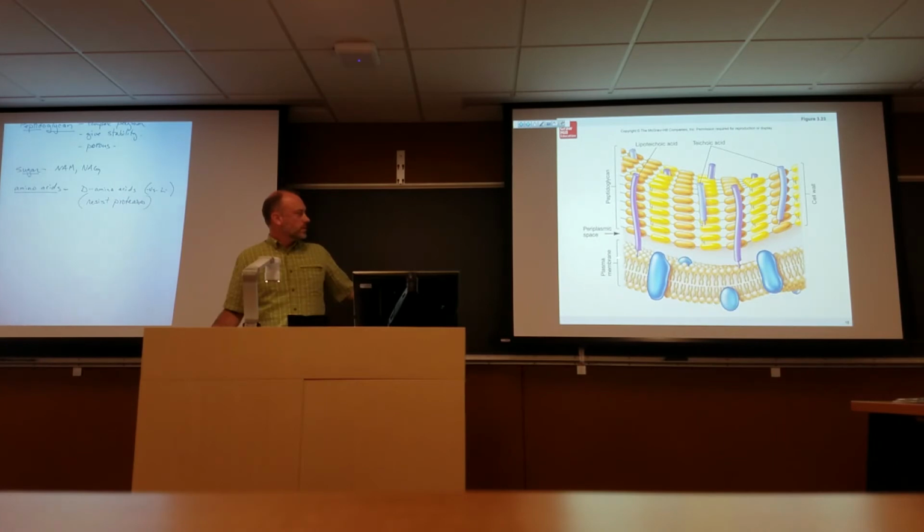And here is the association of it with the plasma membrane. So one of the components of the cell wall in gram-positive that's important for keeping it attached to the plasma membrane is what's called lipoteichoic acid.